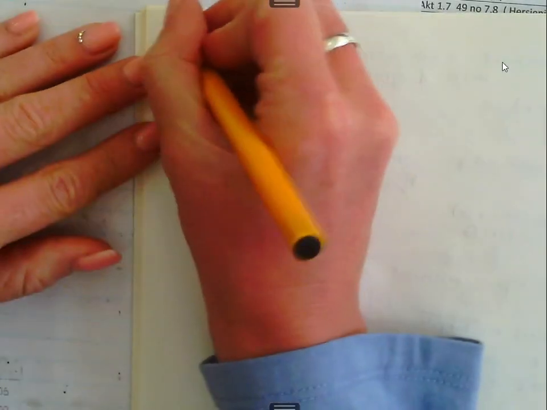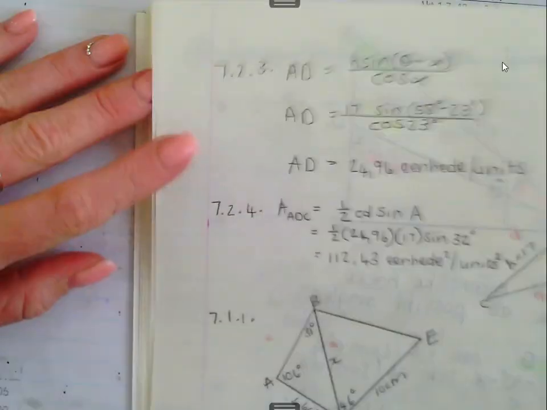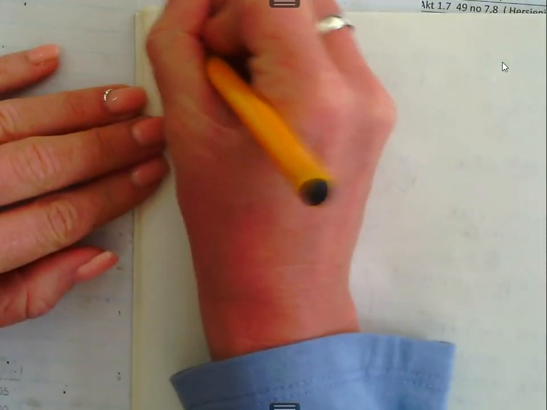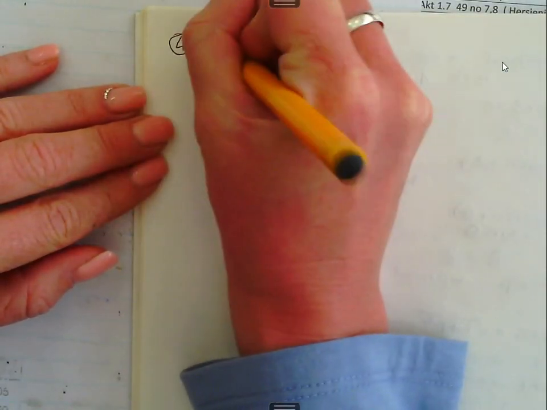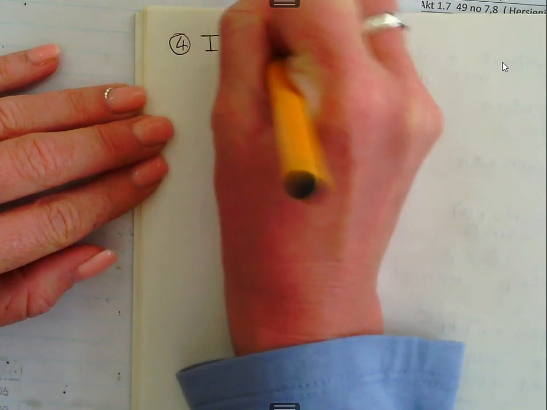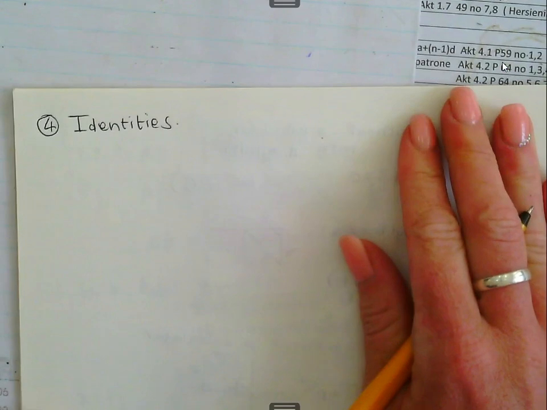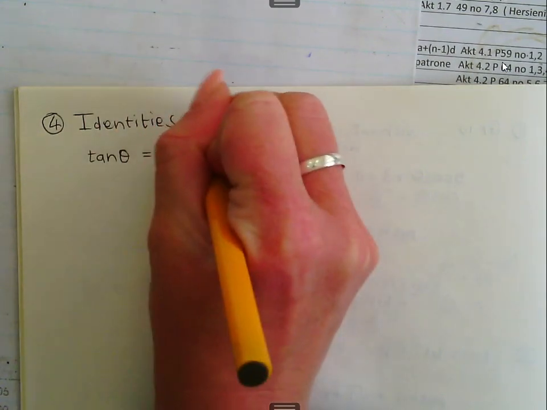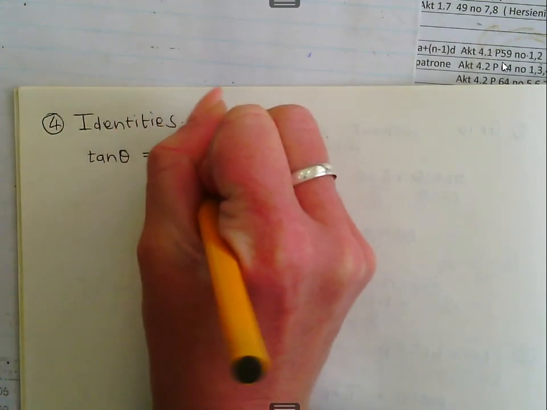The next thing we had after that, we are now at number 4, is identities. Right, we had 2 identities. The first one is tan theta equals sin theta over cos theta.